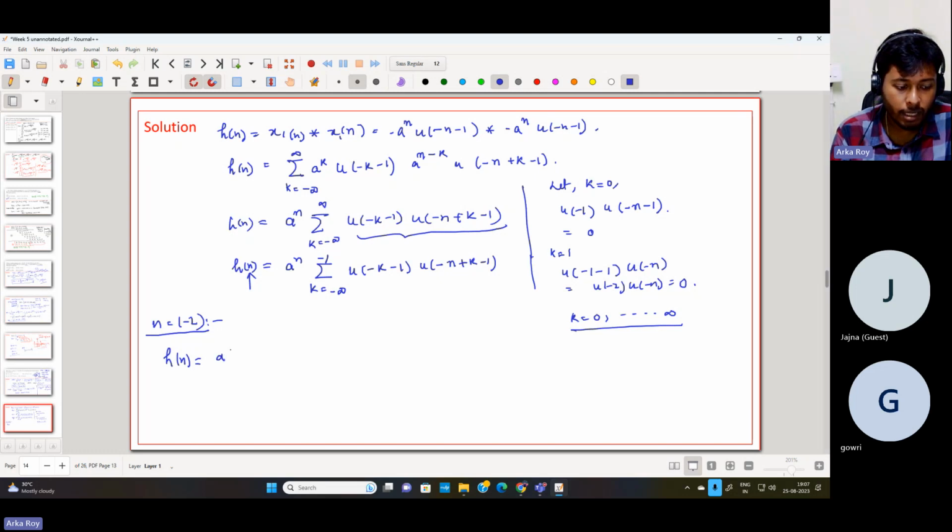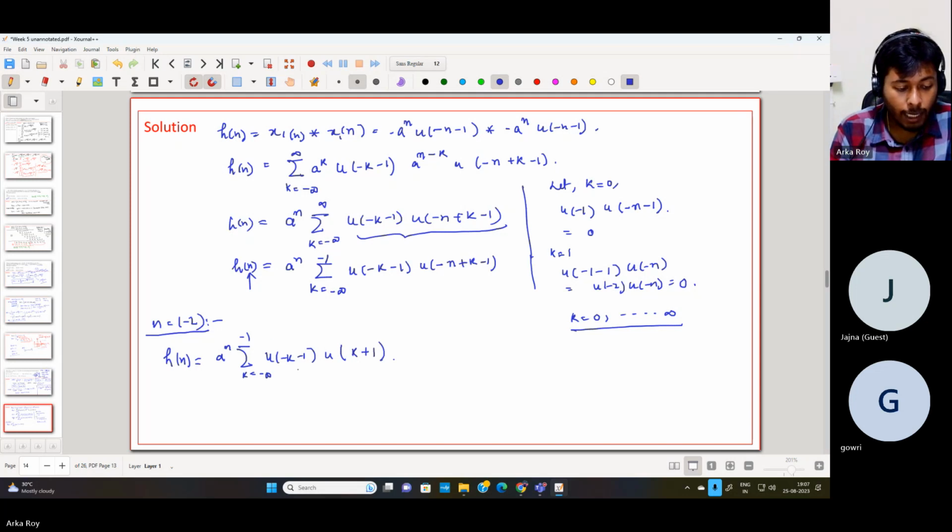So I will write it as a to the power n, and then k from minus infinity to minus 1, u of minus k minus 1, u of, then it will be minus of minus 2, that will be 2, and that is minus 1, so it will be k plus 1.